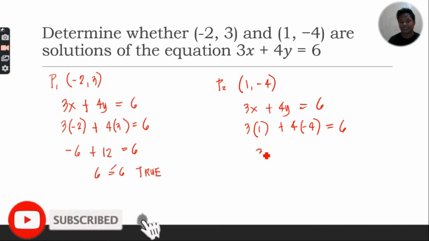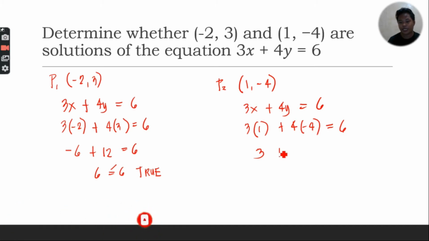So 3 times 1 is 3. 4 times -4 is -16. So 3 plus -16 is -13, which is not equal to 6. So it is false. Therefore, point (1, -4) is not a solution to the equation 3x plus 4y is equal to 6.